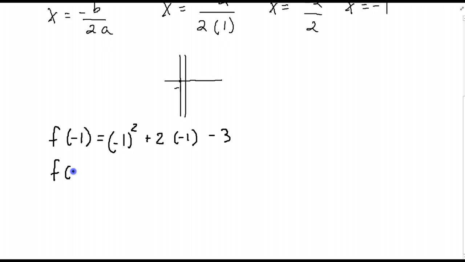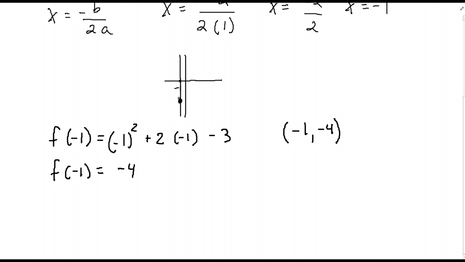So f of -1 equals -4. So we know the x value is -1, and we just figured out that f of x, or the y value, is -4. So we can say that our vertex is at (-1, -4). So we go -1 on the graph and down to -4. And that is our vertex. So that is the lowest point of this graph.